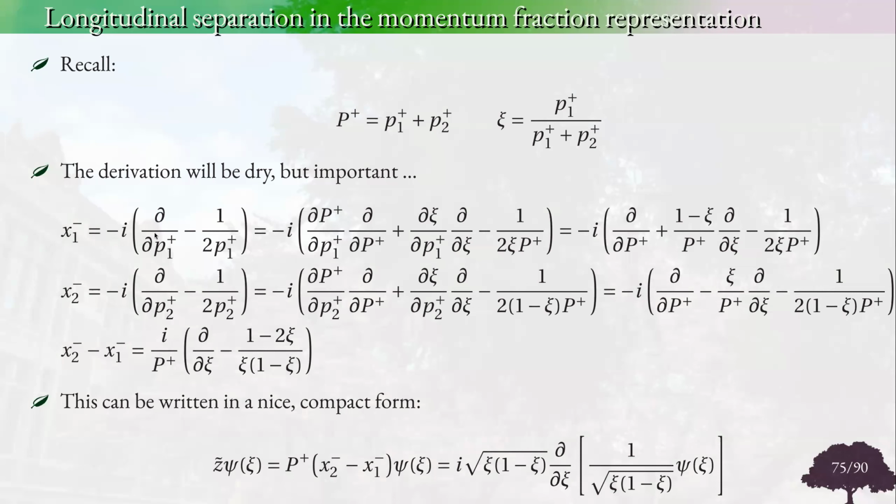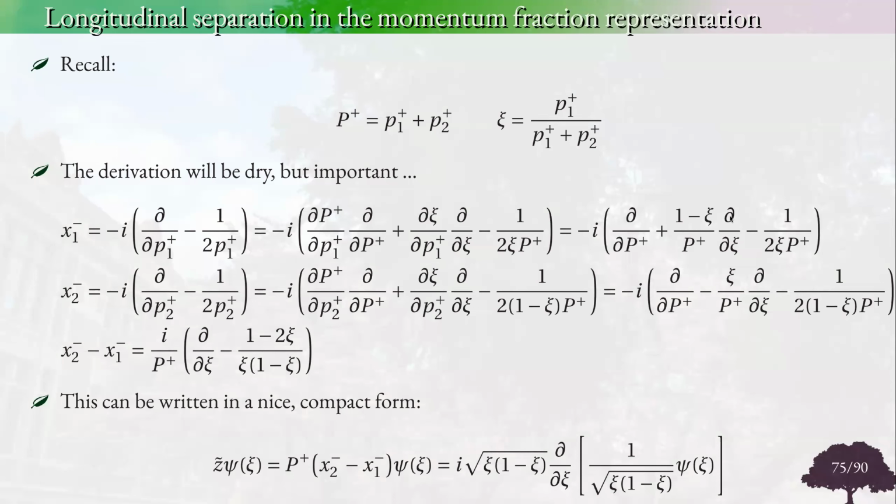You have your derivatives with respect to p1 plus or p2 plus, but then you have to add something proportional to 1 over 2p1 plus or p2 plus. Well, you can turn this derivative with respect to p1 plus into derivatives with respect to p plus and xi using the chain rule, and you can use these formulas to work out the appropriate derivatives and substitute them in.